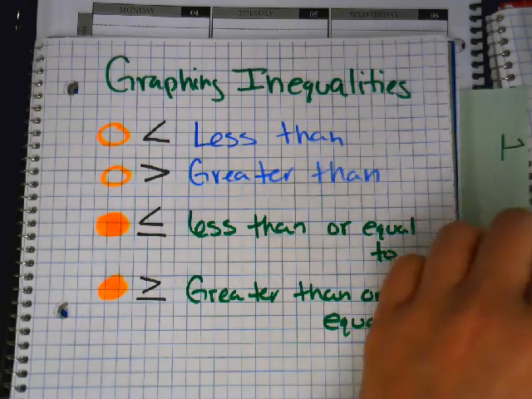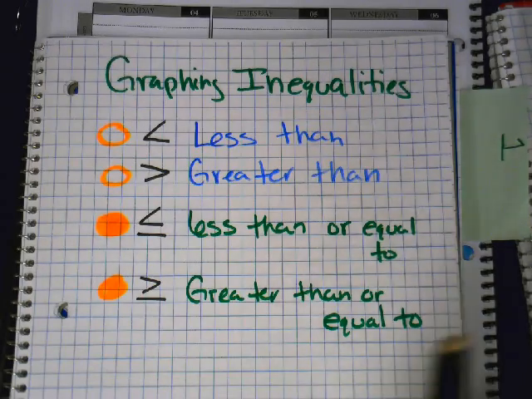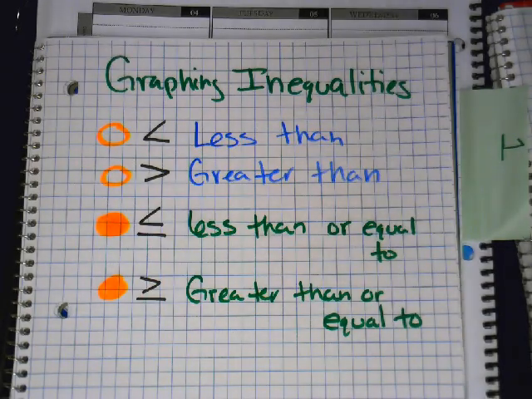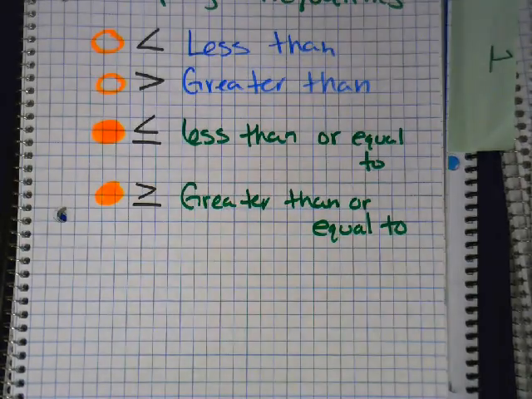What does an open circle, closed circle mean? It's supposed to represent them on the number line. The open and closed circle always go on the number you're talking about on the number line.